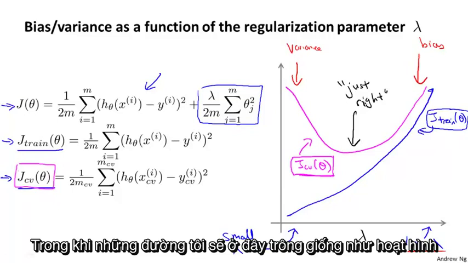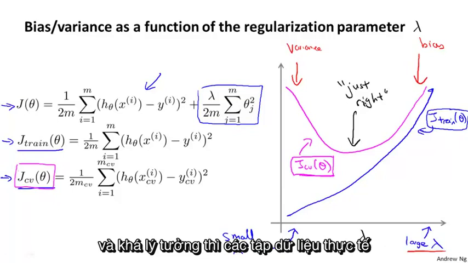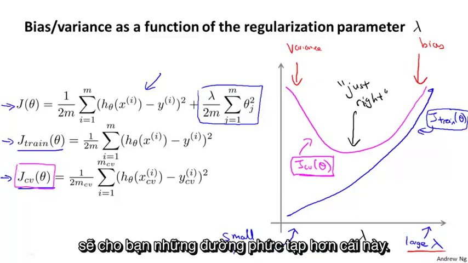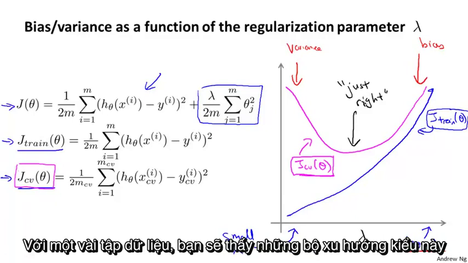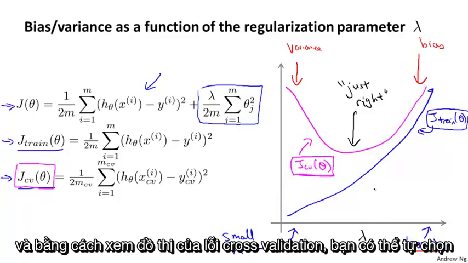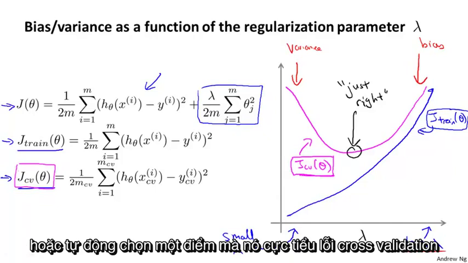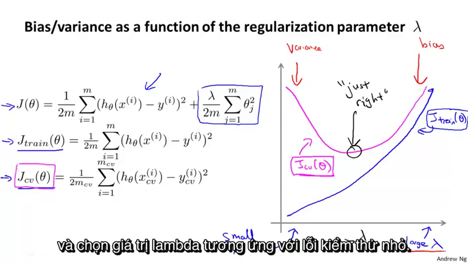And the curves I've drawn here are somewhat cartoonish and somewhat idealized, so on a real data set, the curves you get may end up looking a little bit more messy and a little bit more noisy than this. For some data sets, you will really see these broad sorts of trends, and by looking at the plot of the holdout cross-validation error, you can either manually or automatically try to select a point that minimizes the cross-validation error and select the value of lambda corresponding to low cross-validation error.